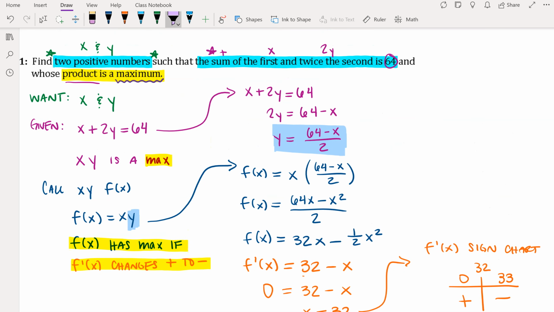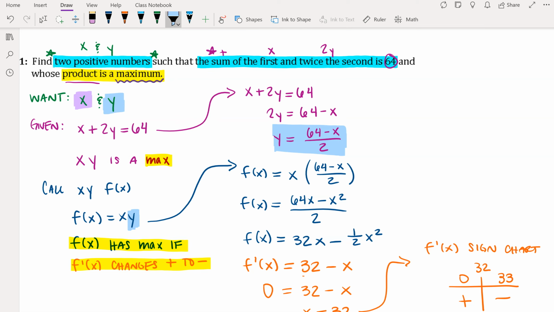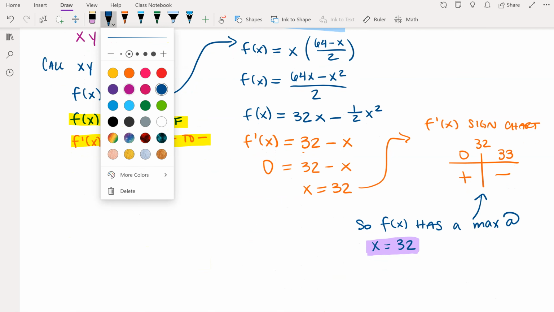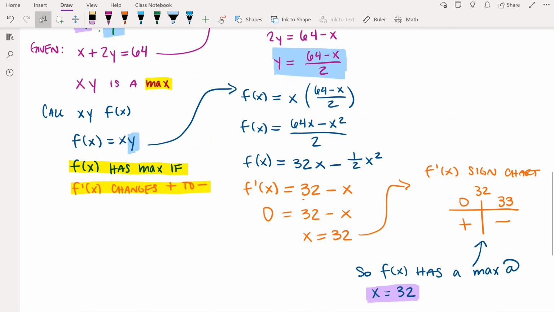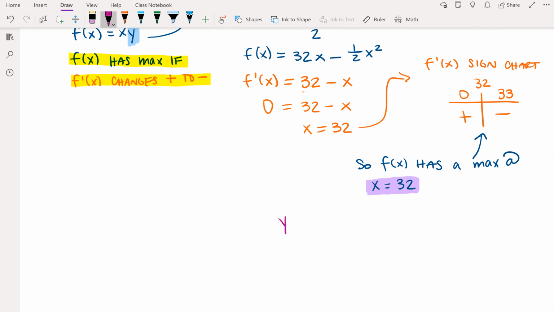Remember we were trying to find x and y? We found x. Now how do we find y? Well, we already isolated y over here. So we can just plug in the x that we have, 32, into that y equation. So let's go down here and plug in that. y equals (64 minus x) divided by 2.